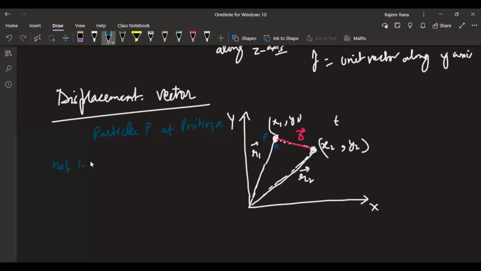Now let us consider that the particle moves to another position, let us say position B. The same particle P, so obviously the coordinates will change.